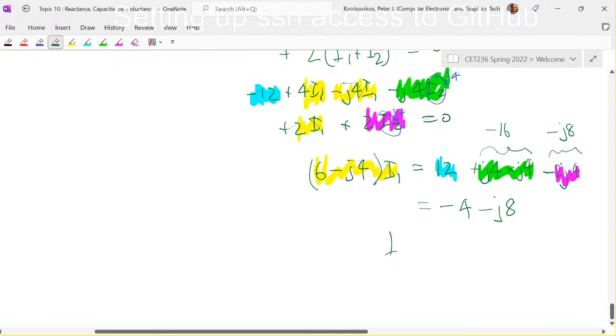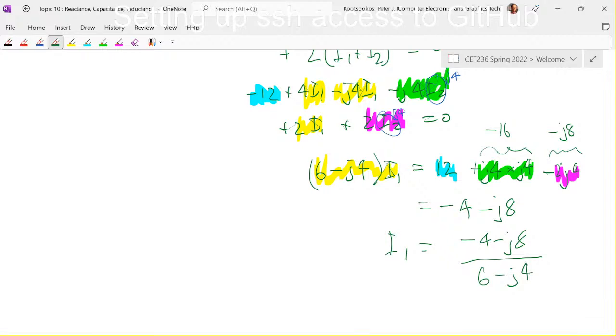So our I1 equals minus 4 minus J8 divided by 6 minus j4. Sorry?